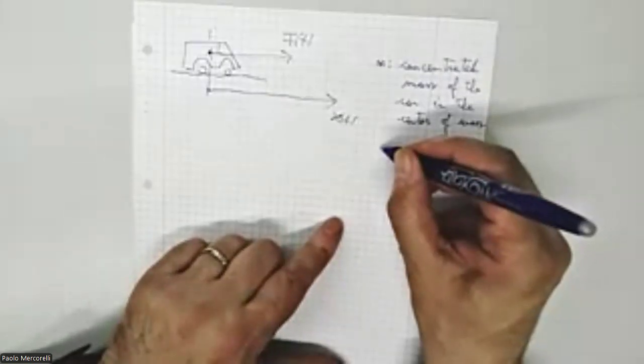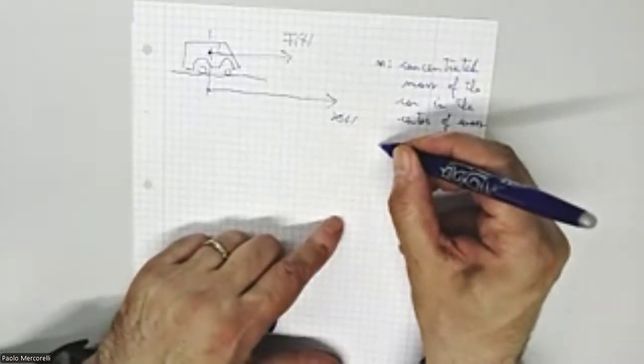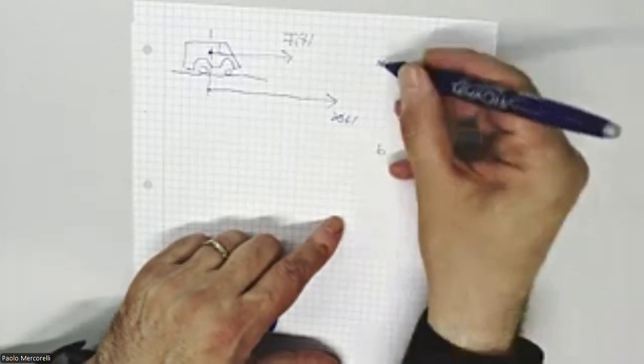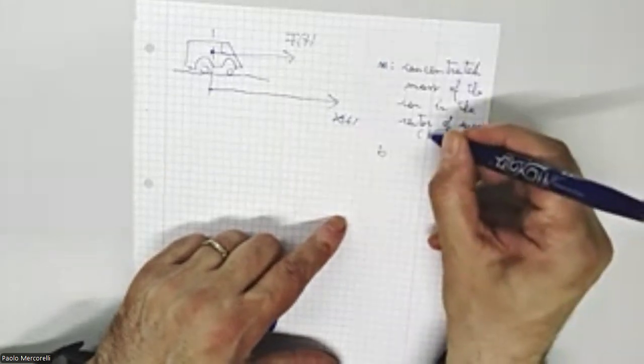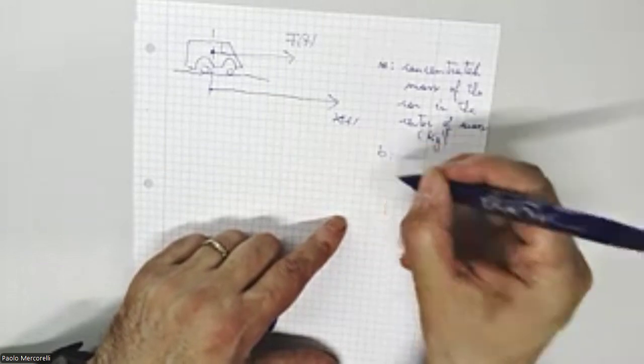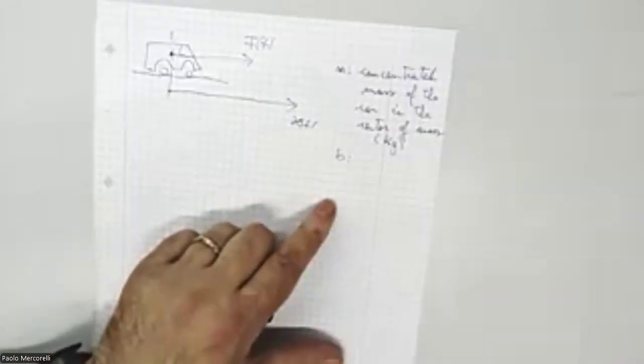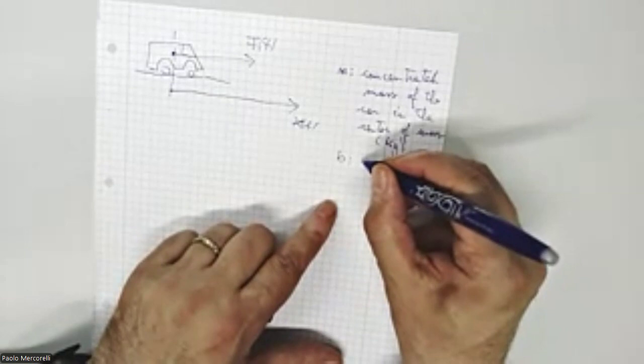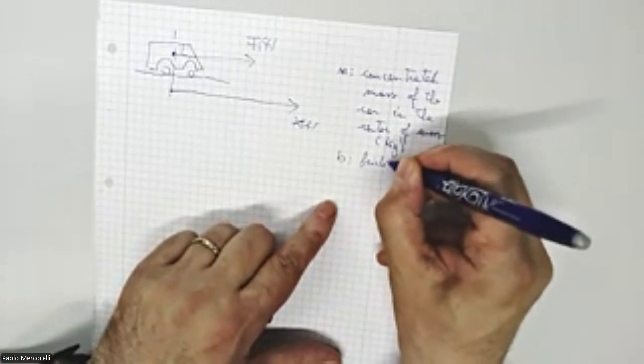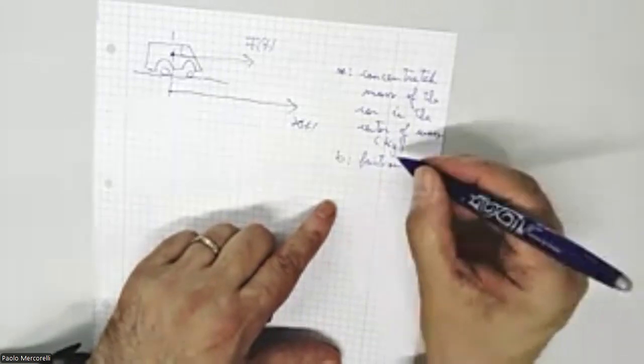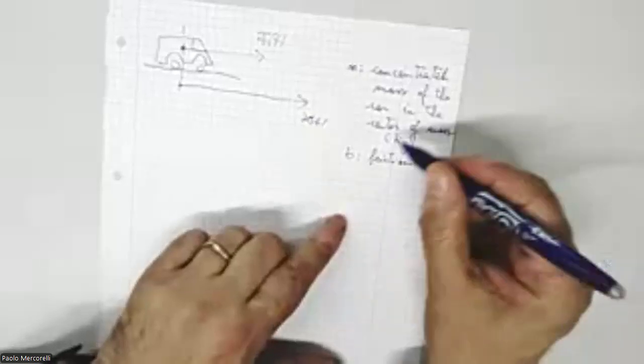Then we can consider B. I think we call B the friction. Mass is kilogram. Let me write kilogram. B represents the friction coefficient. Sometimes damping coefficient, but damping is more related to the dynamics. Friction is more related to the physics.